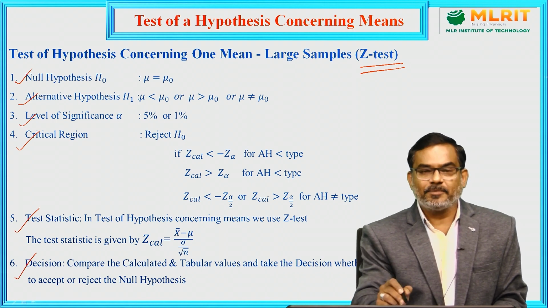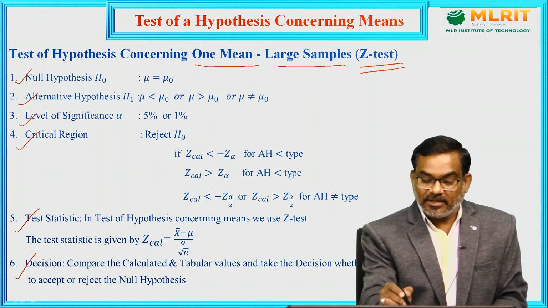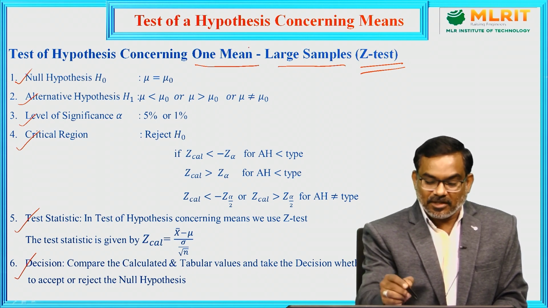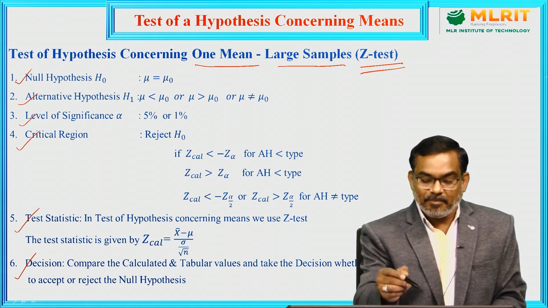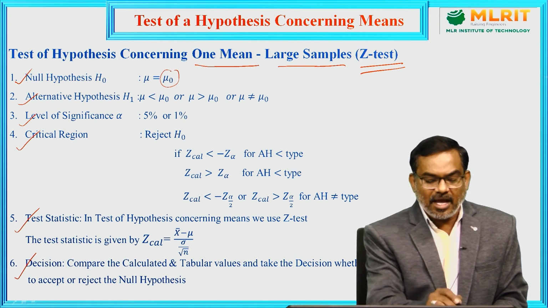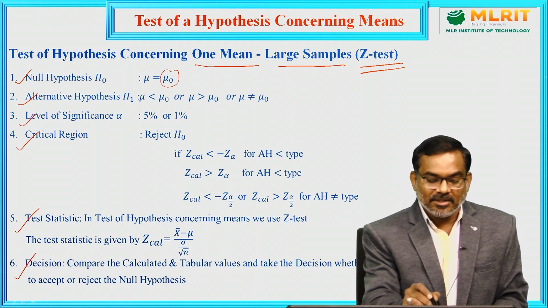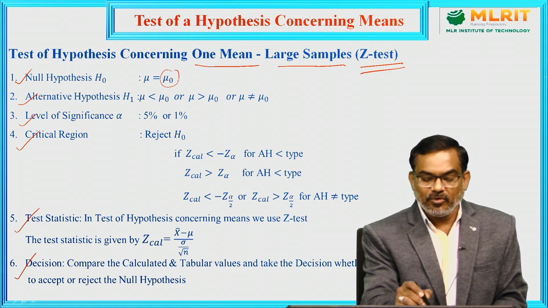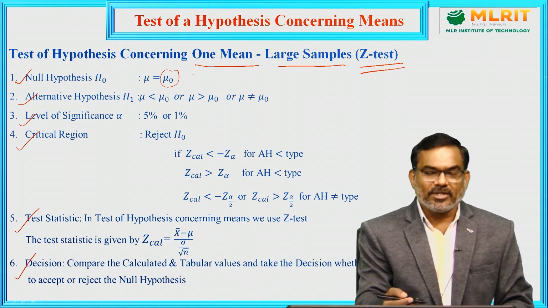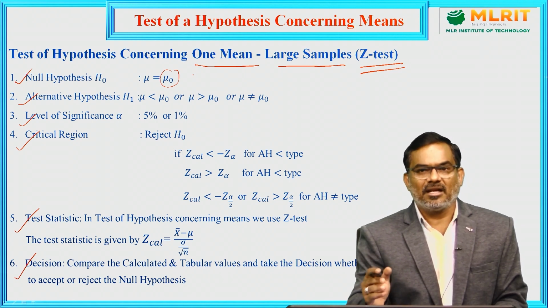In testing of hypothesis concerning one mean for large samples, since there is only one population, the mean of the population mu will be given as some constant mu naught. So, the null hypothesis should be always in the form of equal to. Here we consider the null hypothesis as mu equal to mu naught, and as we know that alternative hypothesis is the hypothesis other than null hypothesis.